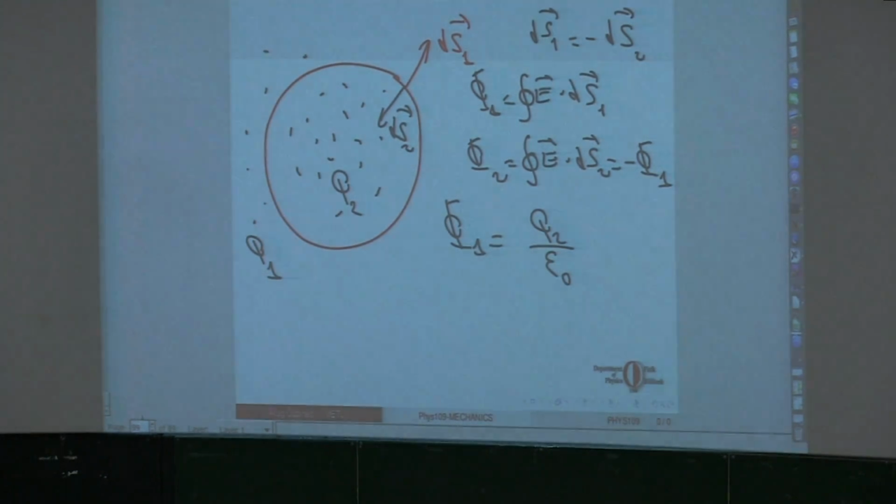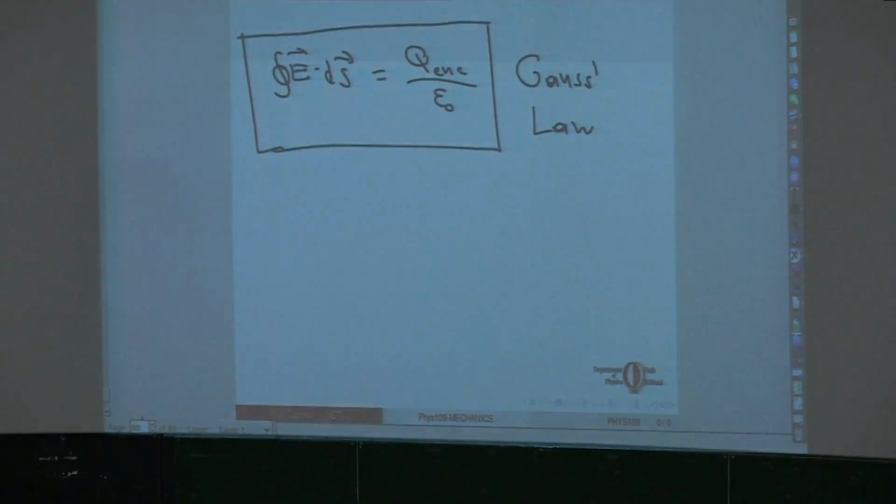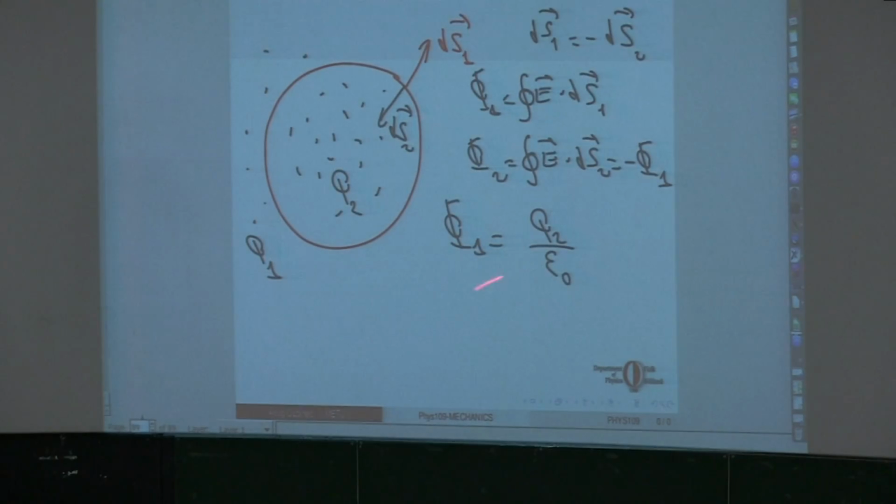What is Q outside? That's in fact the issue. If you look at the Q enclosed, this is the charge inside the surface, whatever you define as the inside. If you have this shape, we usually tend to define this part as the inside, so we just count the charges over there. So that is the choice S1. But we are as well free to define this as the outside, this as the inside.